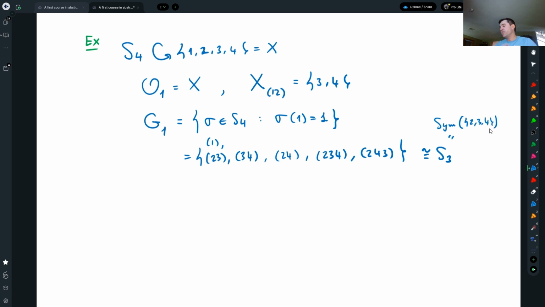The names of the letters do not matter, and I get something that is like S3 again. And one thing to note is that G1 is a subgroup of G, of S4.